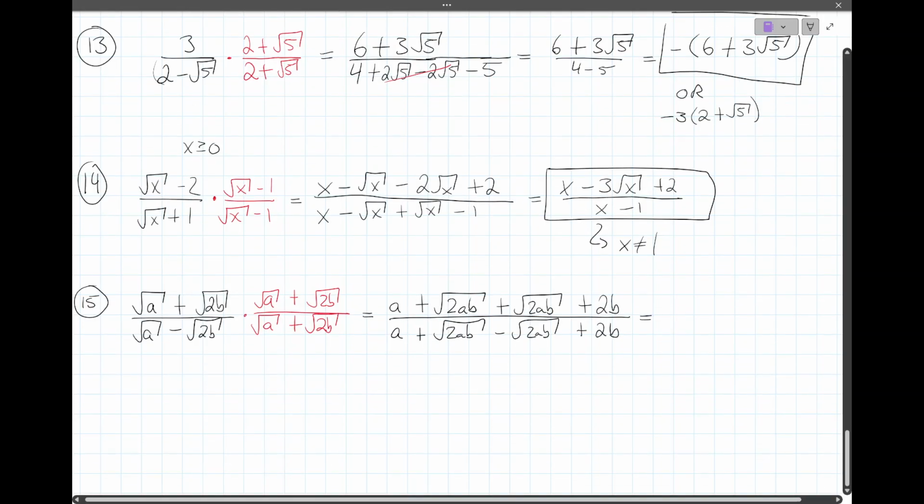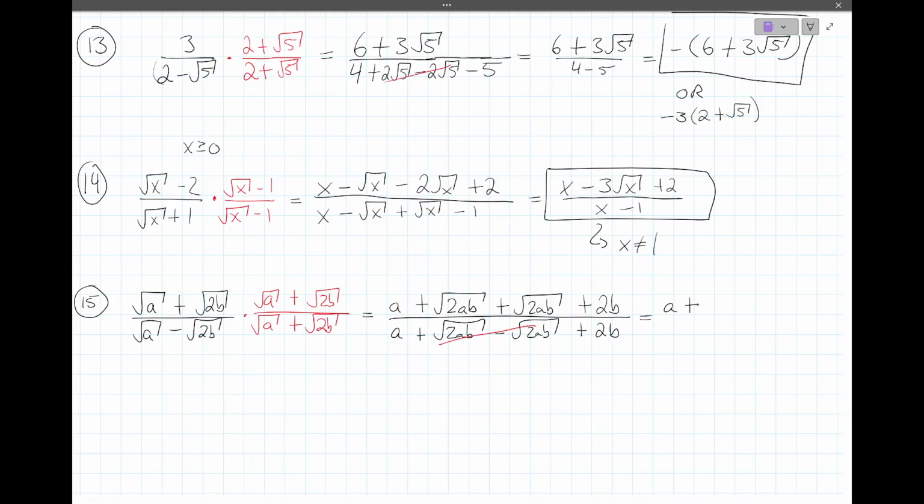Well, let's see what collects, what doesn't. I know that goes away, and the top will collect. So on the top, I'm going to get a plus 2b plus 2ab. And then on the bottom, this should be a negative. That should be a minus 2b. And why it's negative is because of the conjugate, right? A difference of squares is a difference of squares.